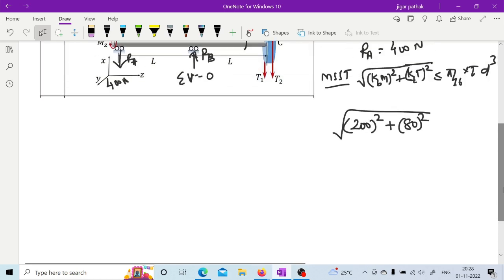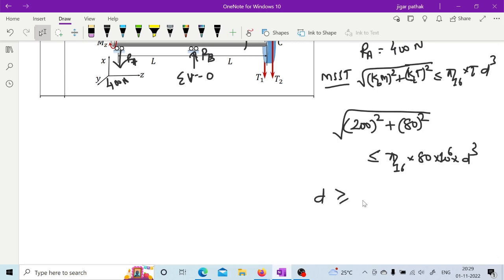Correct. So this will be less than or equal to pi by 16, with the tau you have calculated, 80 into 10 raised to 6, into d cube. Once you calculate this, d must be greater than or equal to 0.02393 meter.